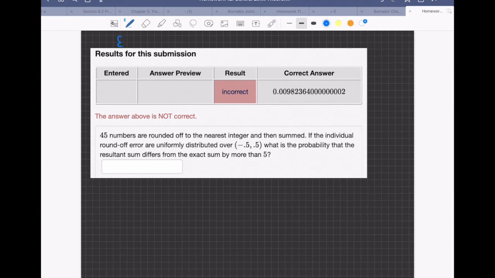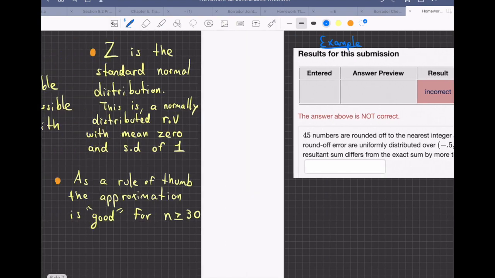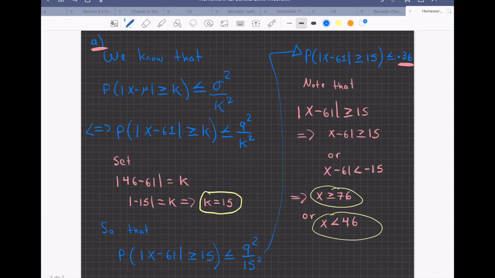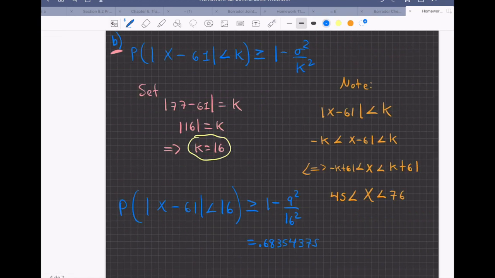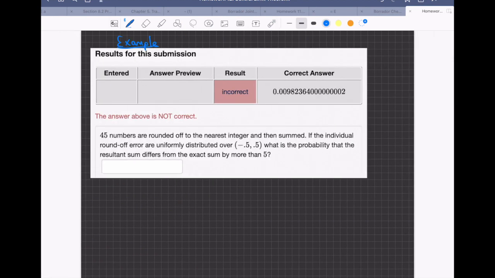Example. It says 45 numbers are rounded off to the nearest integer and then summed.